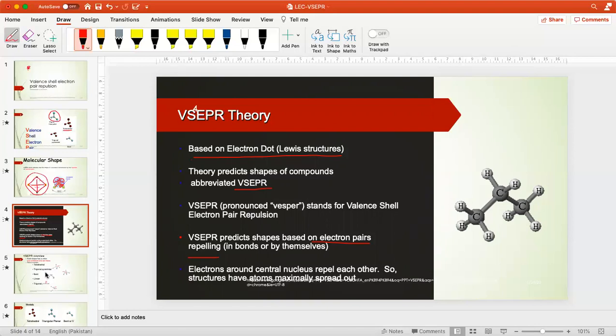So that's why electrons around central nucleus repel each other, so structures have atoms maximally spread out. तो ये spread out maximally जितना भी कर सकते हैं ये spread करते हैं due to the repelling of the valence electrons. In this way, a definite and a specific shape is observed for a specific molecule.